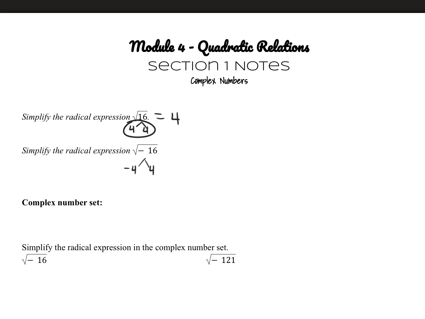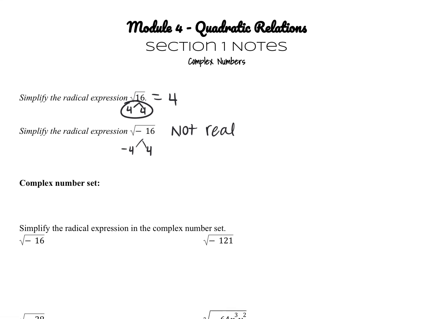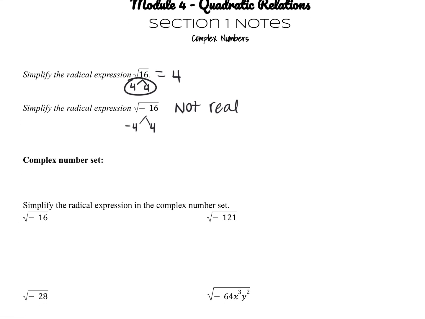There's no way to get two numbers that are equal to multiply to a negative number under the square root. So we said that we were not able to simplify these because these are what we call not real numbers.